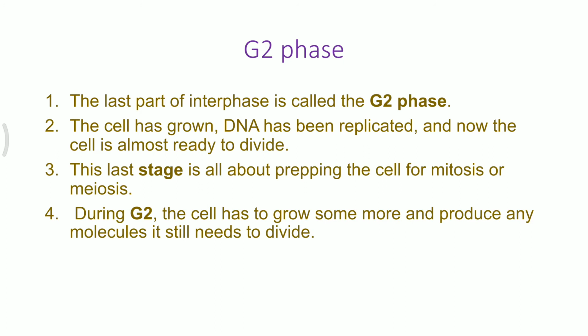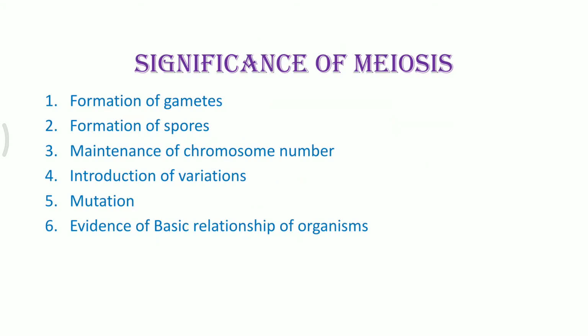Various proteins are formed, and assembling of the Golgi apparatus, certain RNAs and some proteins, and centrioles all take place during this G2 phase. And the cell becomes completely ready for the process of cellular division.